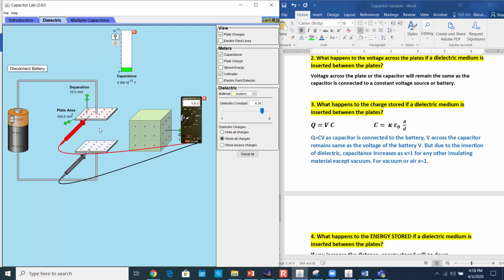Without any medium, so there is only air, I can read here 1.5 volts. Now let me insert this dielectric between the plates. Now you can guess what will happen to the voltage. I'm inserting the medium now.